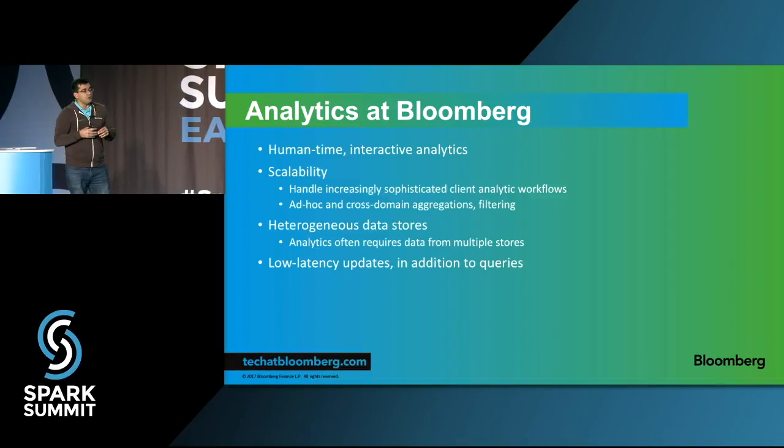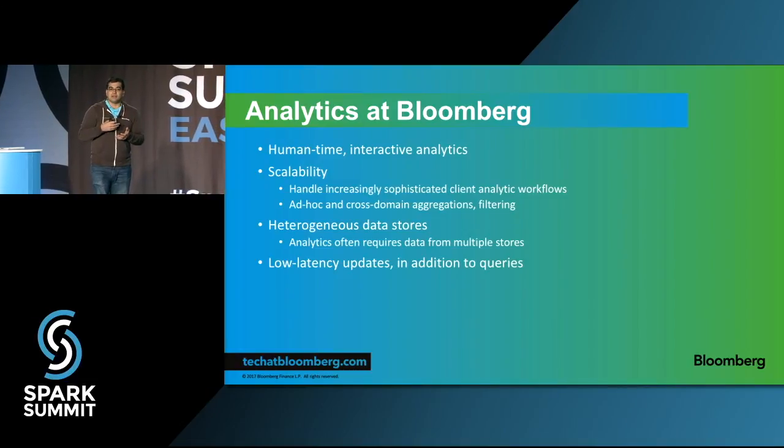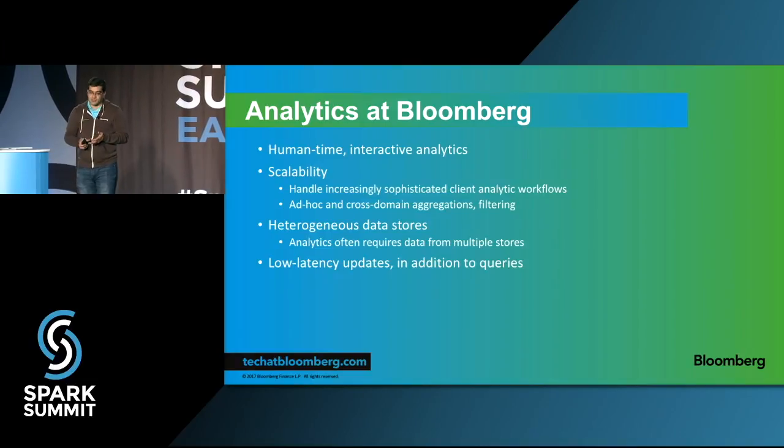And as I showed you, we have a lot of different kinds of data that resides in a lot of different heterogeneous stores. These are open source stores like HBase and Solr. There are some other internal stores as well that we have organically developed.